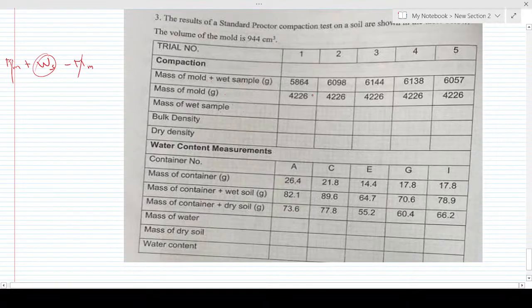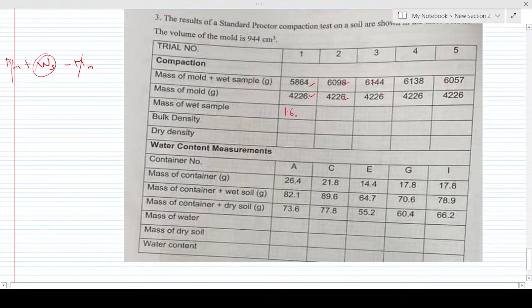So this aspect is simply going to be 5864 minus 4226. Since the mass of the mold is constant throughout, over here it's just going to be this minus that, just like that. So the first one we have 5864 minus 4226, and that gives 1638.